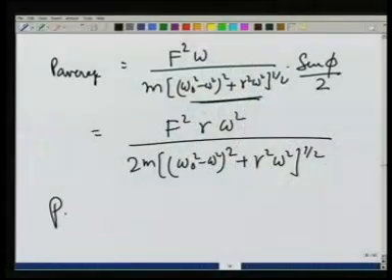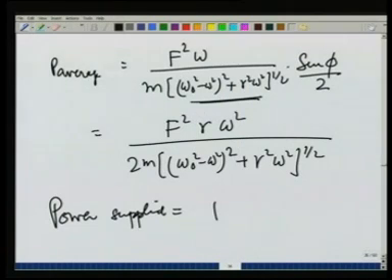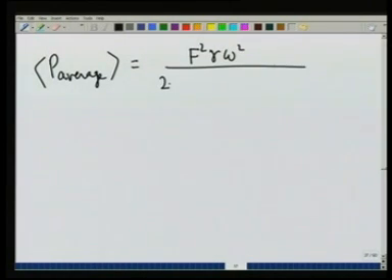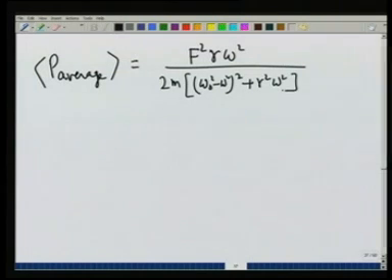So, power supplied is equal to power lost, as must be the case for the steady state motion to sustain itself. So, we find that P average, supplied or lost, is equal to f square gamma omega square over 2m times (omega naught square minus omega square) square plus gamma square omega square.